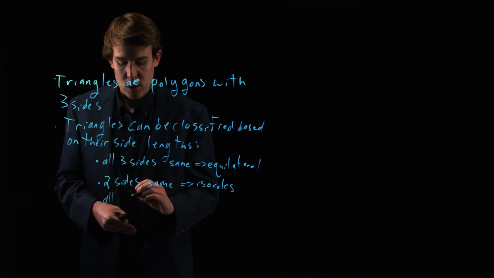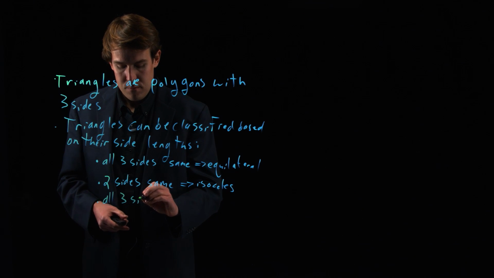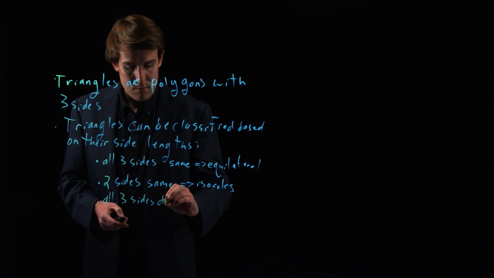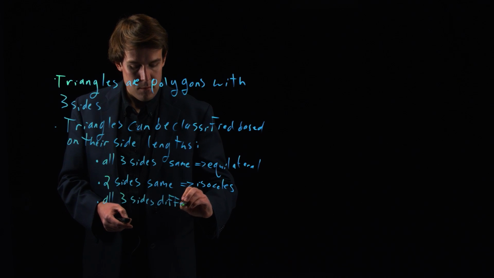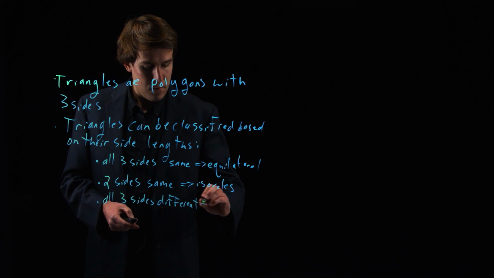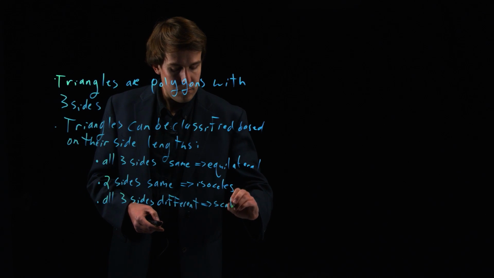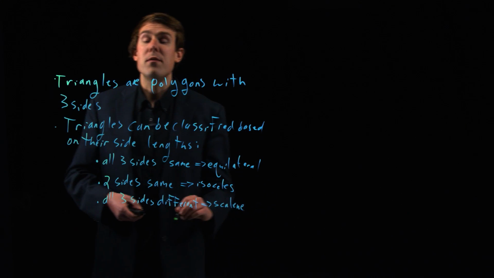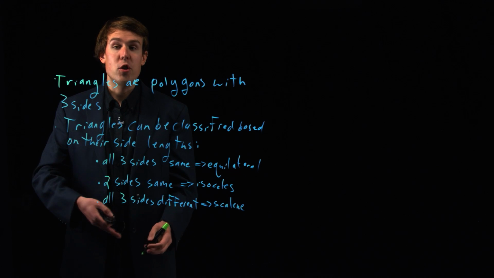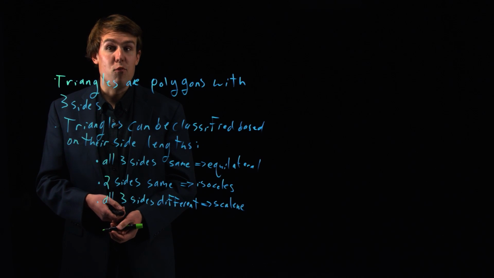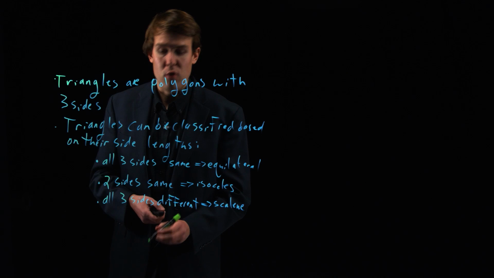We call this a scalene triangle. And we also give a special name to a triangle in which one of the angles is a right angle. We call this a right triangle.